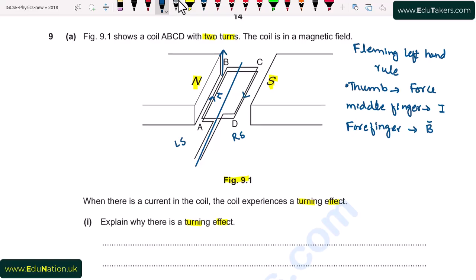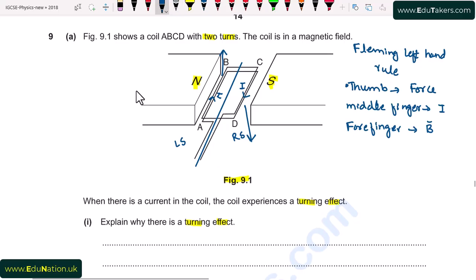On the right side, the direction of current is downward, on the CD side. But the north and south poles mean that the magnetic field direction remains the same. So when we find the force here using Fleming's left hand rule, it will be in this direction. So both of these forces are in opposite directions, so they form the turning effect.